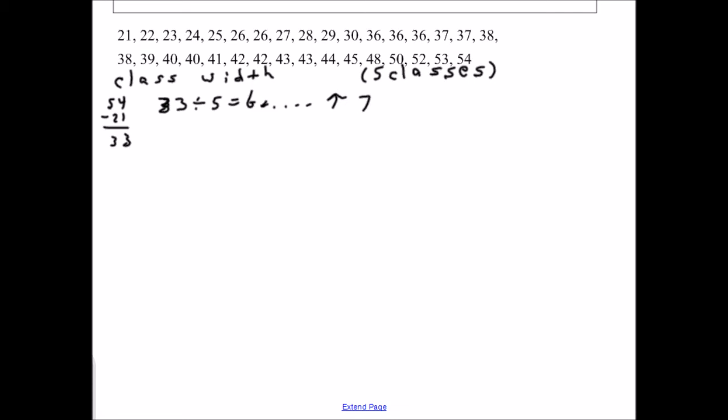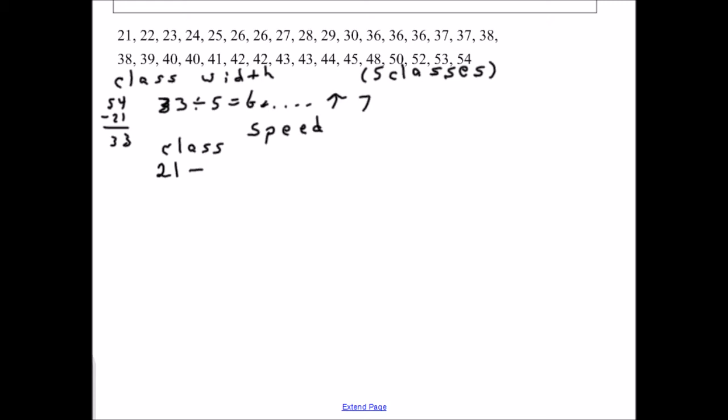Now, title we mentioned should be speed in this case. Our classes. Start with the lowest value. That's the beginning of your first class, your first lower limit.